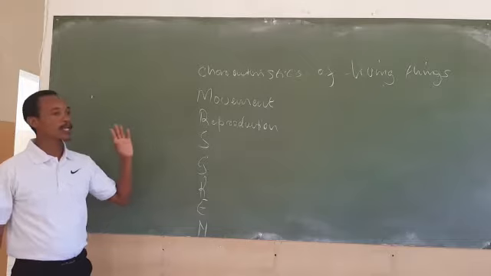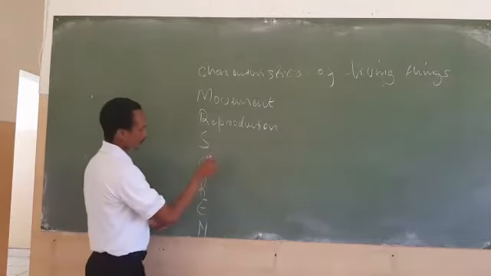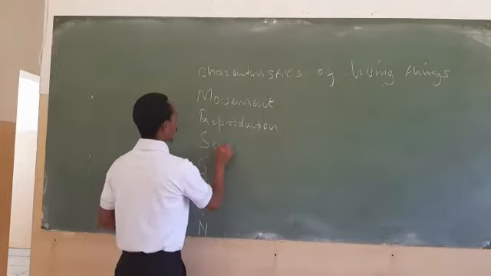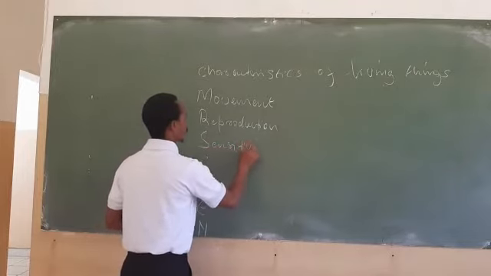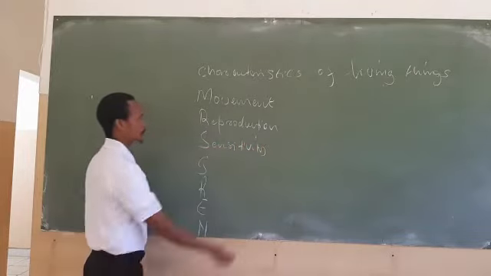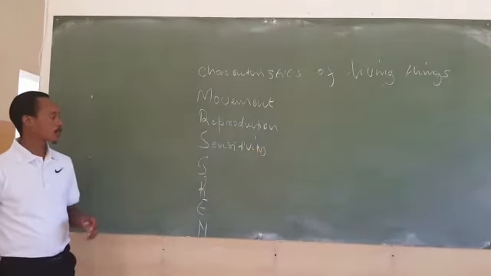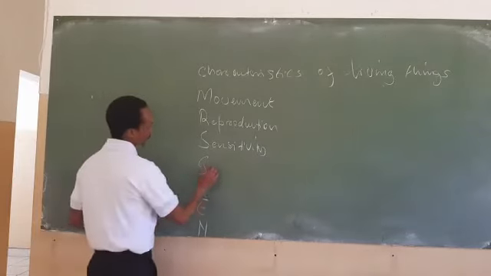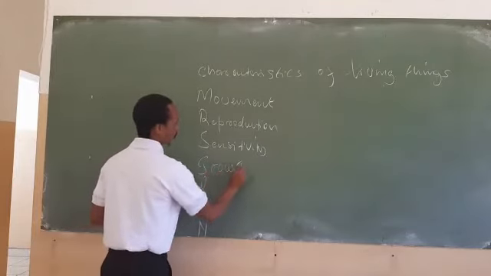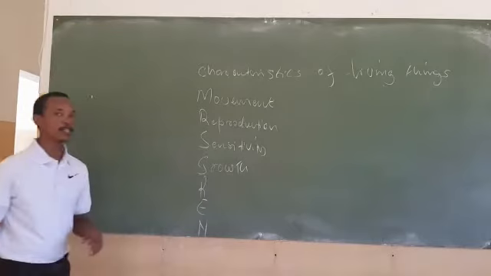It avoids extinction. Then the S is sensitivity, sensing the surrounding using your stimuli. This one must be growth. If something is alive, it grows.